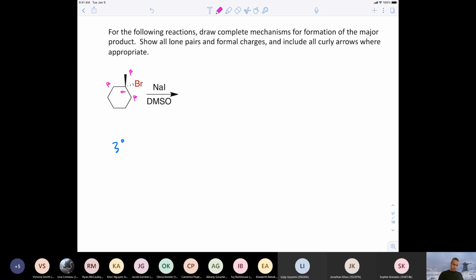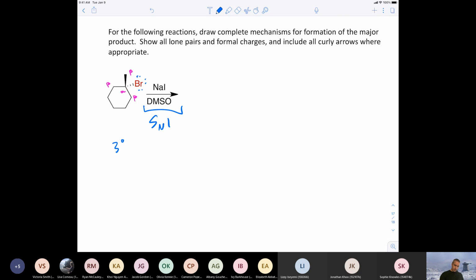And what do the conditions look like? Strong nucleophile in a polar aprotic solvent, DMSO. Those conditions scream SN2 to me, but if you look at a tertiary alkyl halide, it's not going to do an SN2. It's not going to do elimination because we don't have a base, so it's going to do SN1.